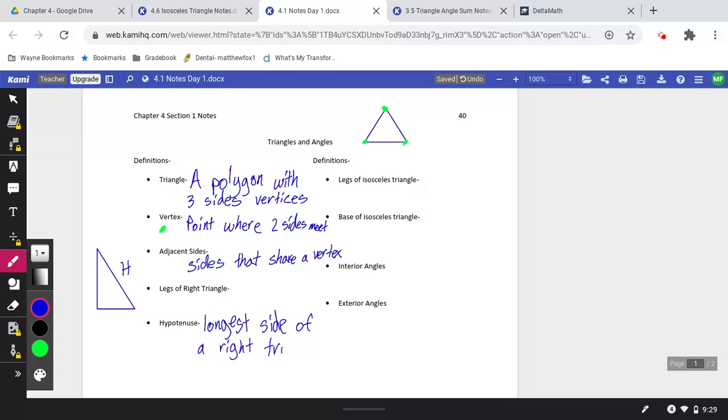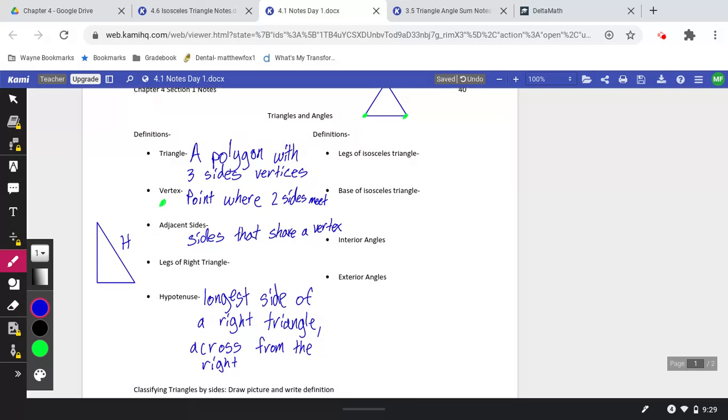And it's also always across from the right angle. So our right angle is right here.